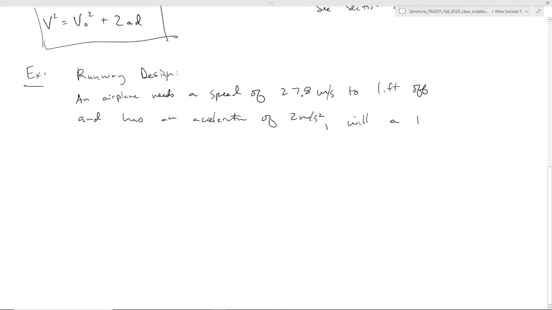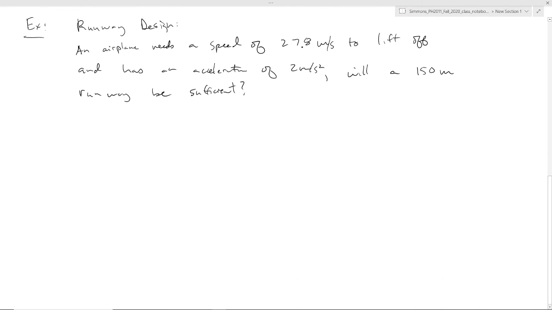Will a 150 meter runway be sufficient? Will it be long enough?